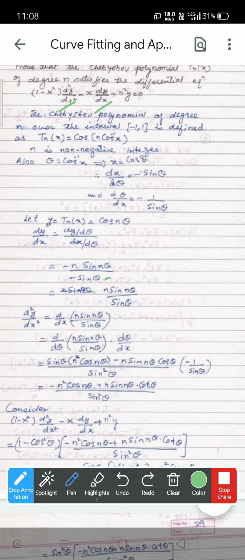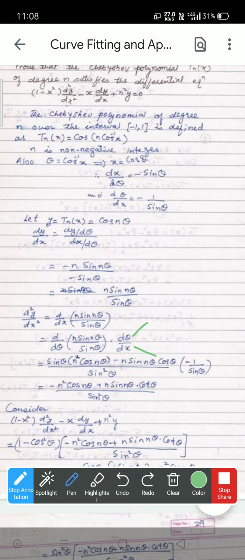Next step is the second derivative. d2y by dx square is equal to the derivative of this term, d by dx of n sine of n theta divided by sine theta. So d by d theta, this is in terms of theta. So we have d by d theta of n sine n theta divided by sine theta into d theta by dx. We multiplied and divided by d theta.